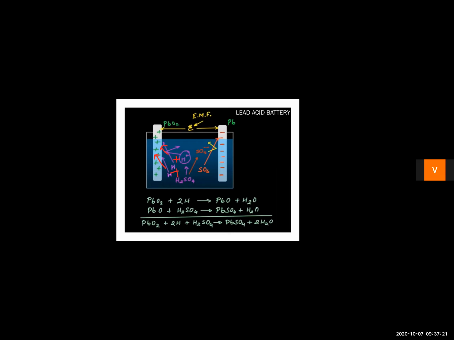They have positive charge, so the H plus ion leaves the positive charge on the PbO2 plate, that is the lead dioxide plate, and so the lead dioxide plate becomes positively charged because of the positive charge which was released by the H plus ion, right?